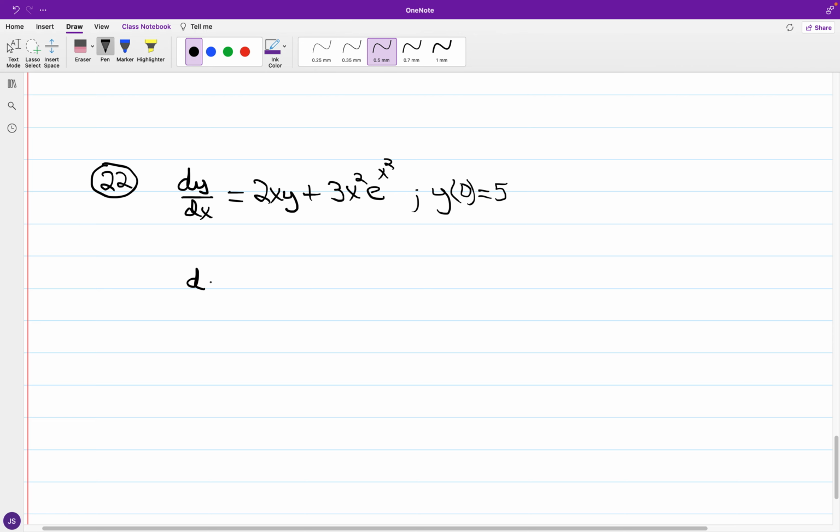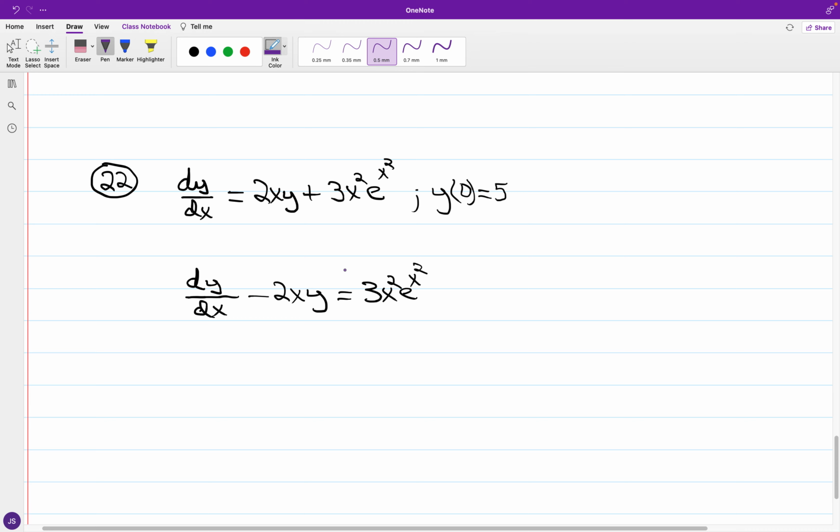So I will deduct 2xy from both ends. So we have dy over dx minus 2xy is equal to 3x squared times e to the x squared.